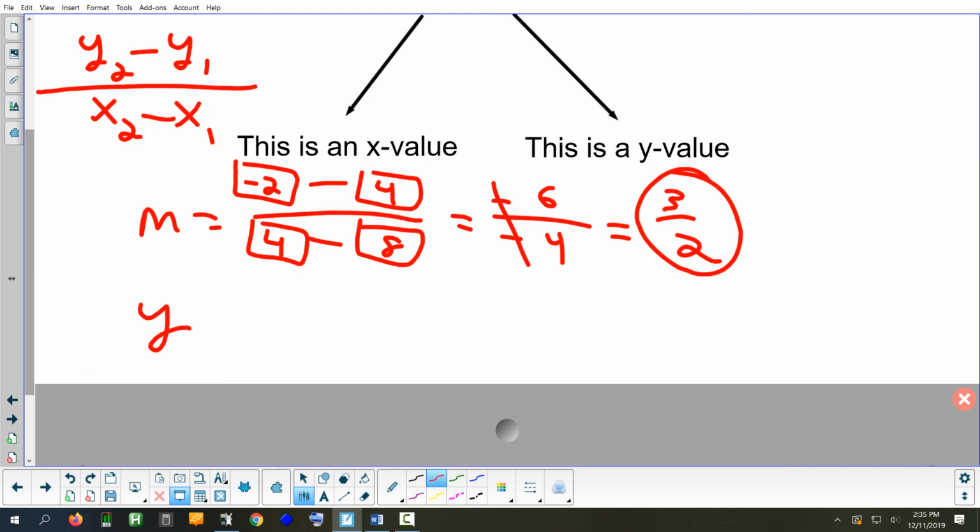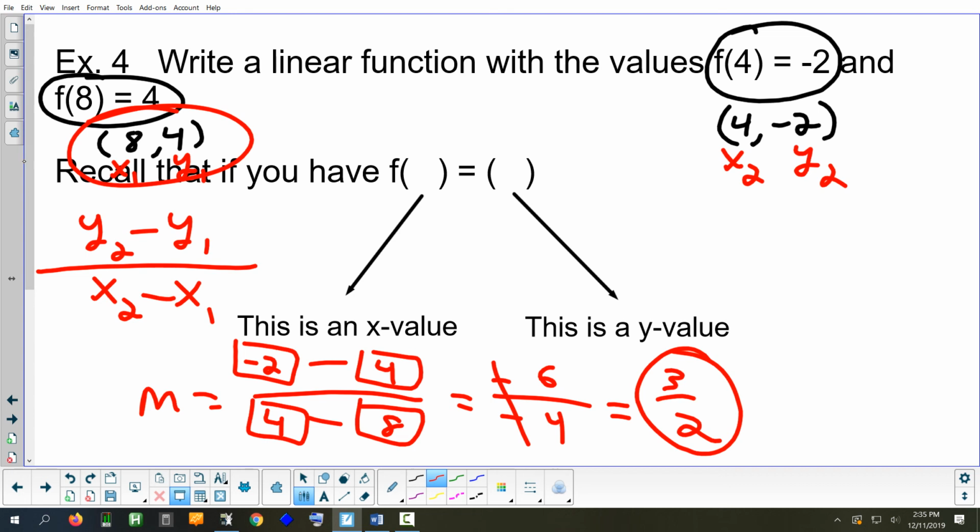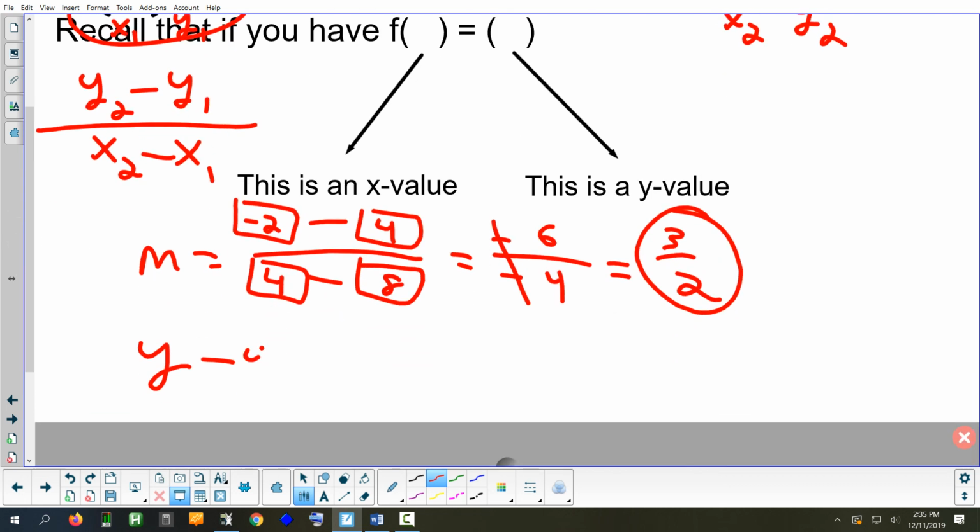Y. What comes after the y? Minus y1. And what's our y1? 4. What comes after that? Equals. What comes right after the equals? The slope, m.